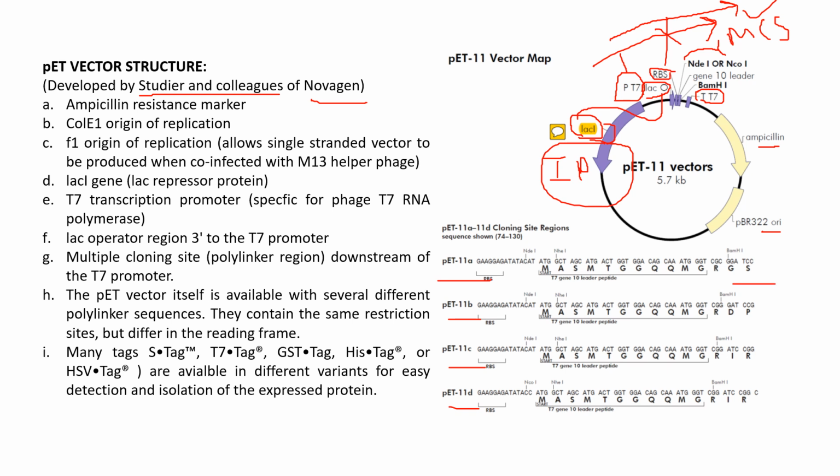You can see here they contain the same restriction sites but differ in reading frames. These PET series of vectors may contain different tags like T7 tag, GST tag, HIS tag and many more. So this is the basic structure of any PET vector. I have just taken PET 11 as an example.